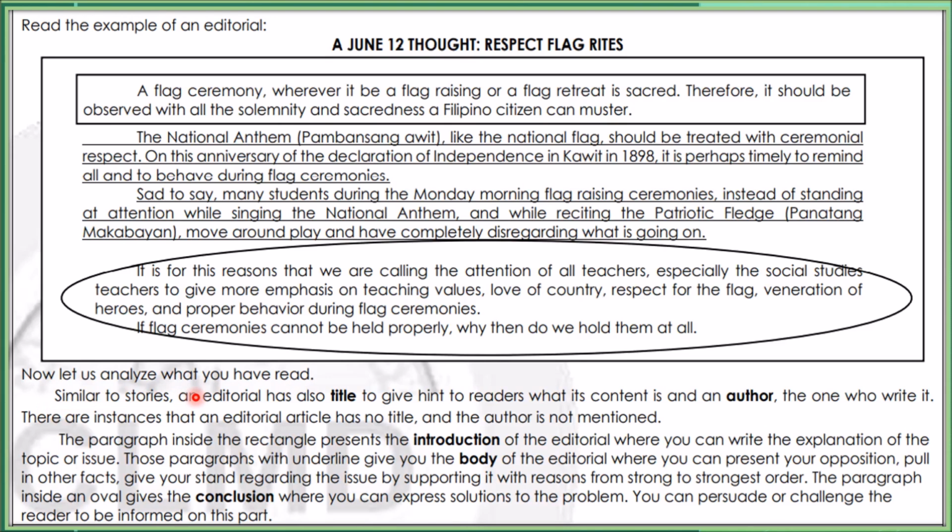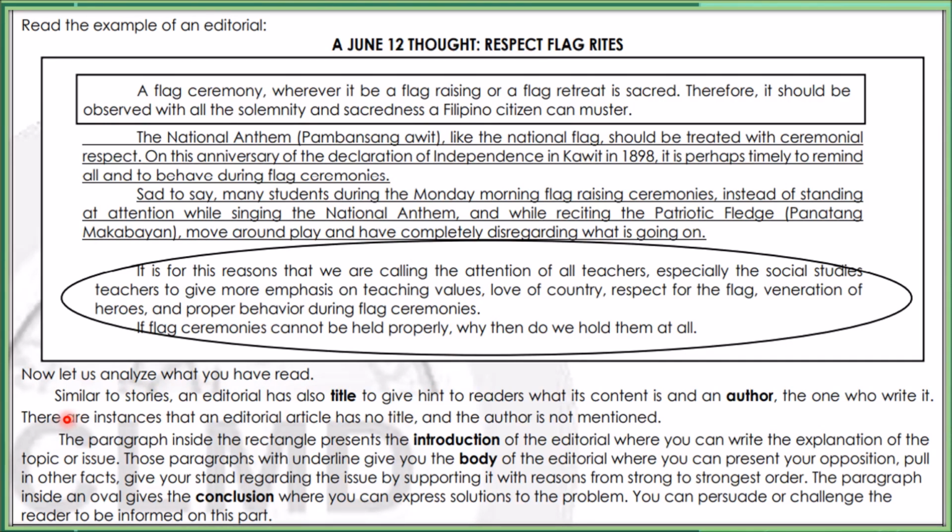Now let us analyze what you have read. Similar to stories, an editorial also has a title. So where is the title? This is the title, to give a hint to the readers what its content is. Next, an author, the one who wrote it. May writer ba diyan na nakita kayo?